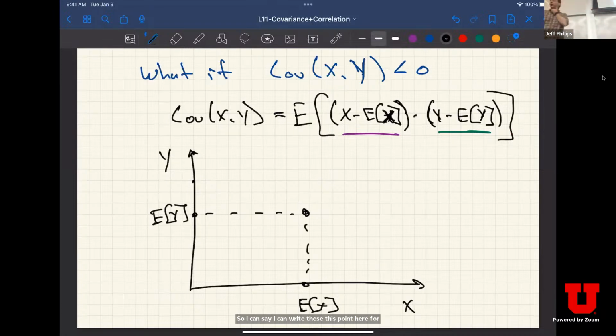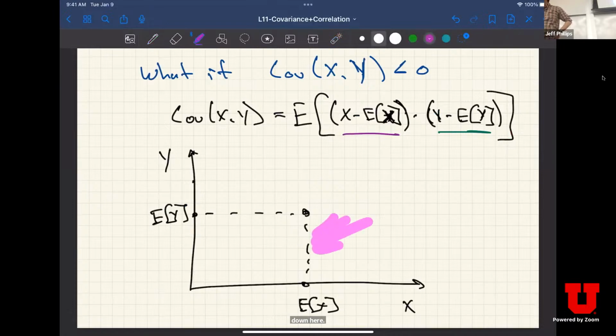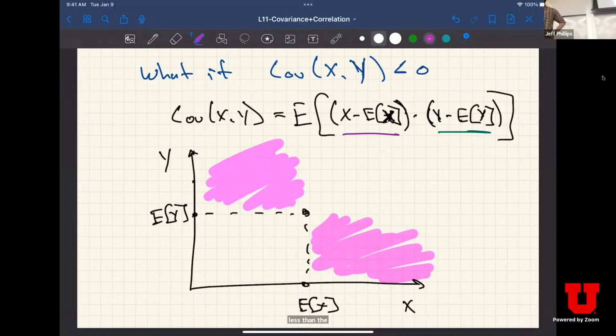Okay, so I can write this point here for expected value of x and for y right there. So this covariance is negative when I choose values where, say, x is greater than the mean, so it's over in this half, but y is less than the mean, so it's down here. So those both happen in this region. X is greater than the mean, but y is less than the mean, or up here: x is less than the mean, y is greater than the mean.